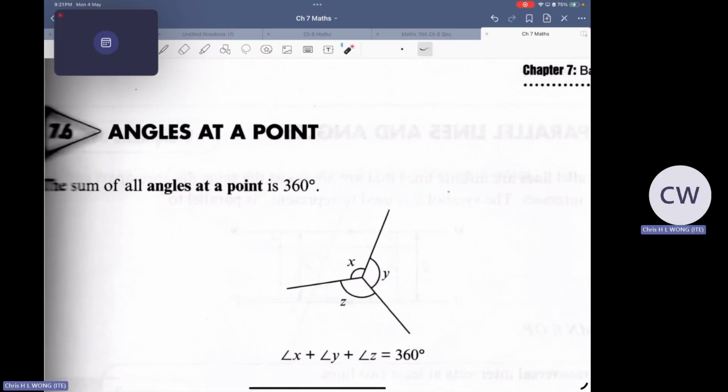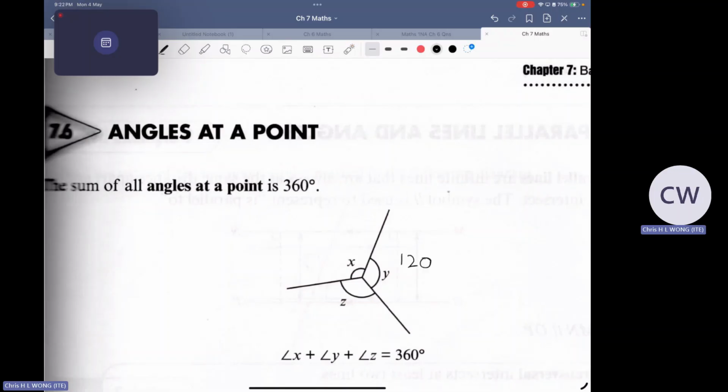Okay, you use 90, you use 180, you use vertically opposite angle, you use angle on a straight line, you use complementary angle, you use supplementary angle. Now another one: if I tell you this is the center, no more straight line, you add this plus this plus this, and it must be 360 degrees.